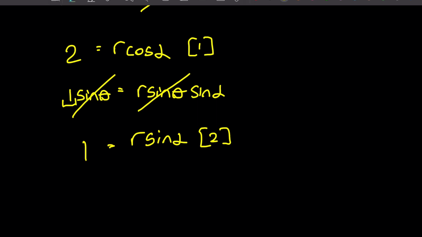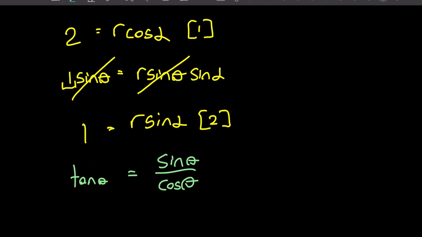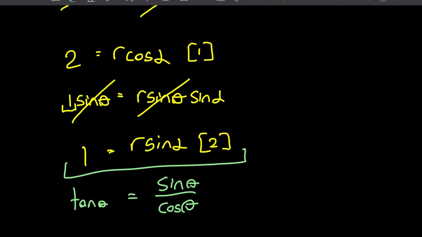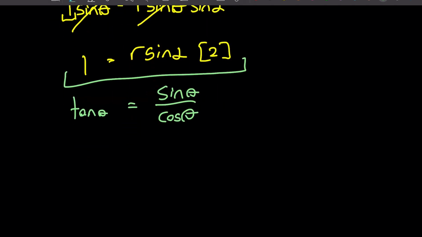If you look keenly, if you remember that tan theta is equal to sine theta over cos theta, that means we can find whichever equation has sine theta, which in this case is this one, and divide it by the equation that has cos theta. So we're going to divide equation 2 by equation 1.